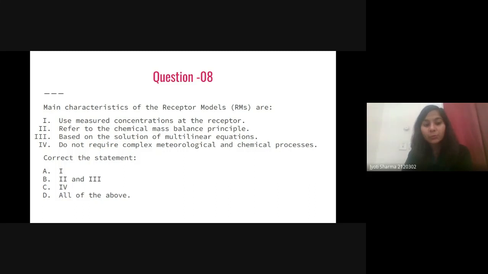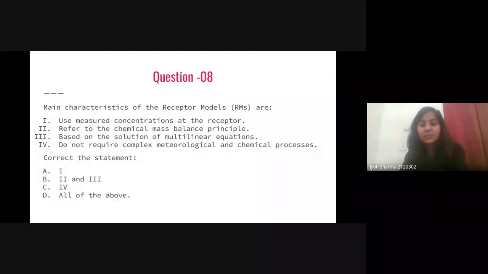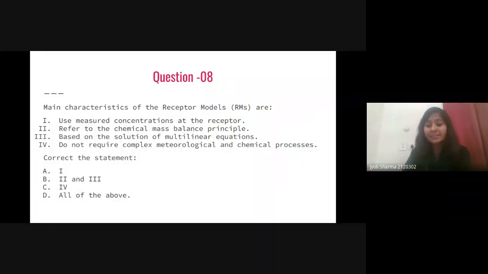Then it is referred to the chemical mass balance principle, as we already talked about, which is based on mass conservation. Then, based on the solution of multilinear equations, as I told you, this is a mathematical and statistical based model, and it has multiple linear equations.